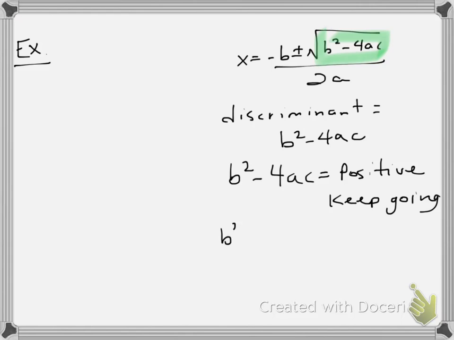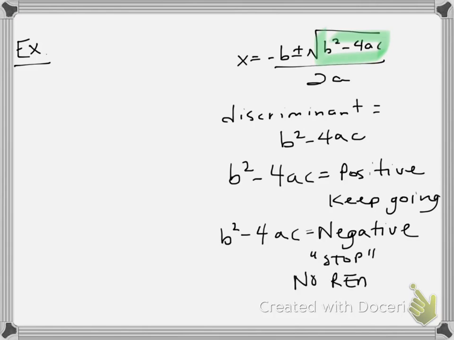If b squared minus 4ac equals a negative number, in Algebra 1, you can stop, because the answer is going to be no real roots. So then you'd box that as your answer. So if you do the discriminant and the discriminant is positive, you keep going and find the answer. If the discriminant is negative, you stop because you have no real roots.